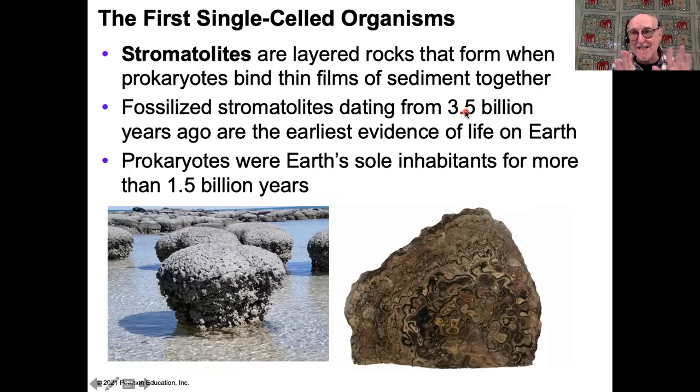These prokaryotes were best preserved when they formed these structures called stromatolites. Stromatolites are accumulations of layers of prokaryotes with sediments, and these are actually stromatolites which occur in Australia and in South Africa.